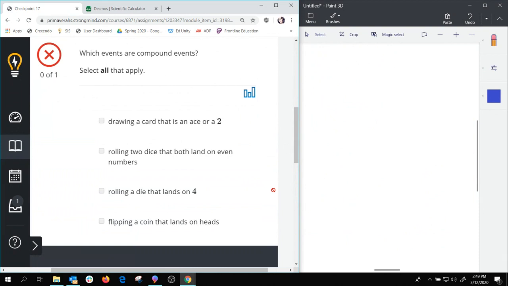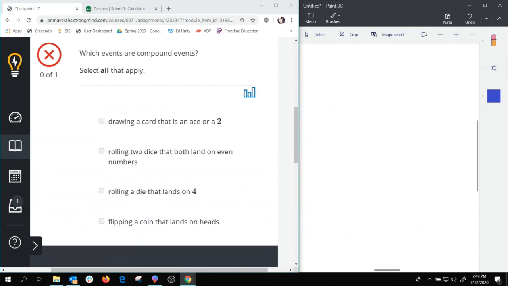So out of those, which ones do you think are compound events?